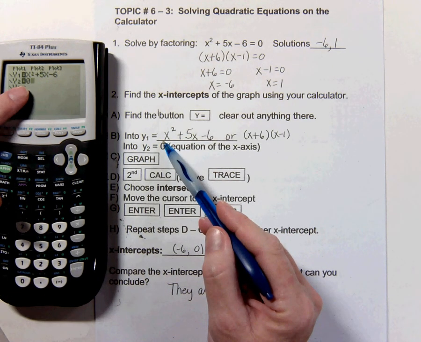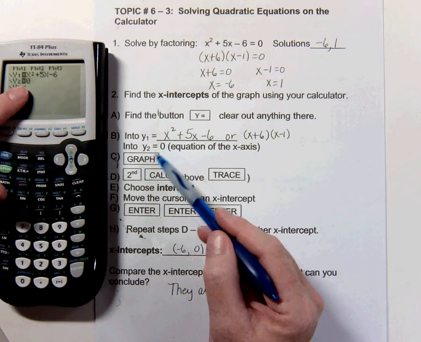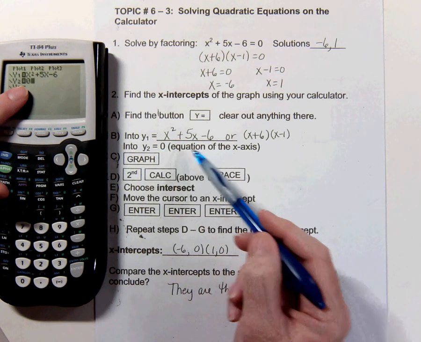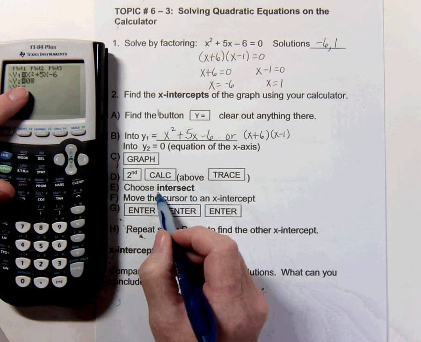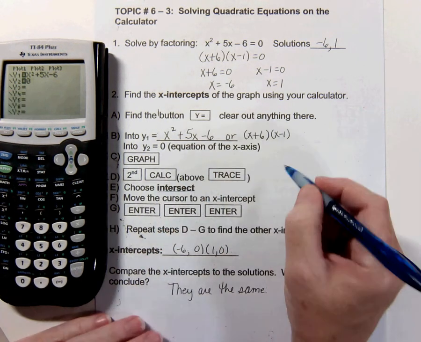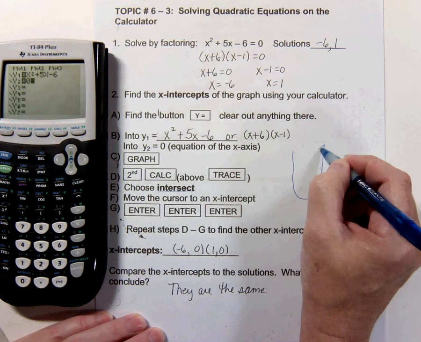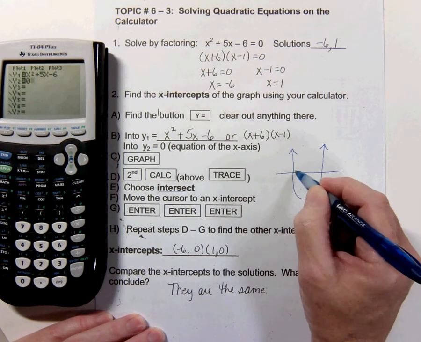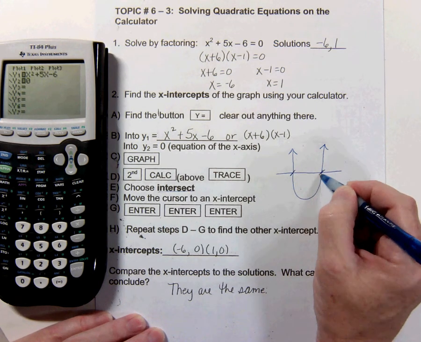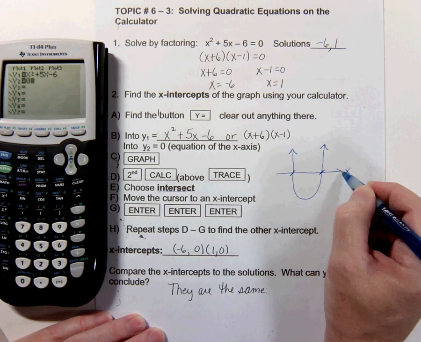But if you make a habit of putting a 0 in for your y2, then you're actually going to be able to use this technique using an intersection, because the whole idea is that as we're looking for the solutions to a quadratic, you're looking for right here and here where it's crossing our x-axis.